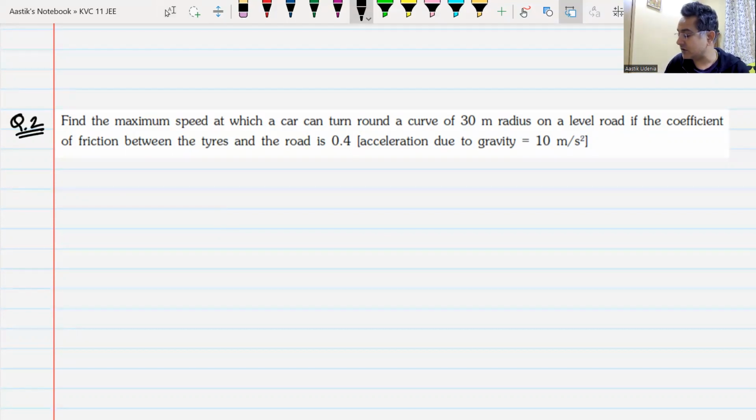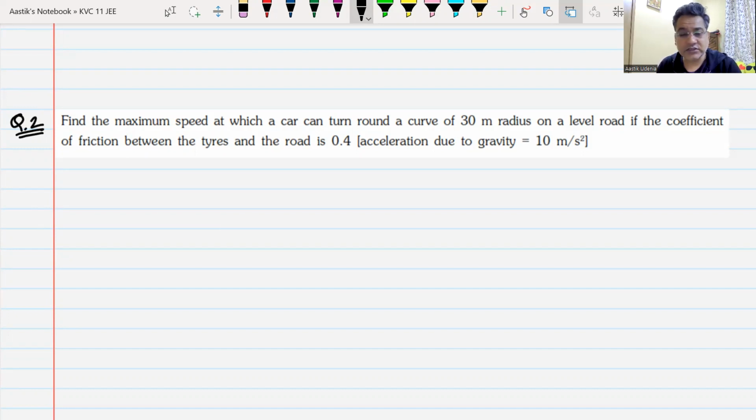So radius of the curve is 30 meters on a level road. So road is not like this, no banking, level road. The coefficient of friction between the tires and the road is 0.4, acceleration due to gravity is 10 meter per second square. Can I have your answers, please?